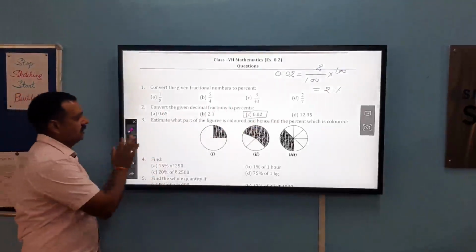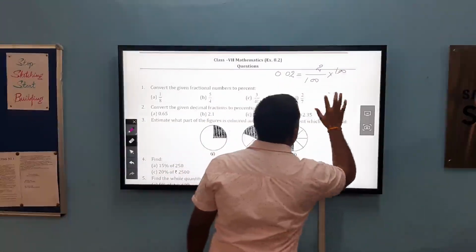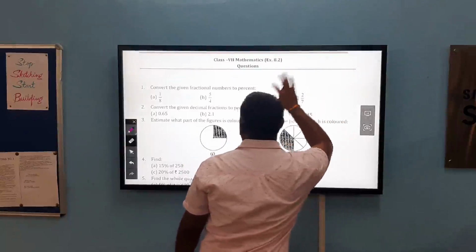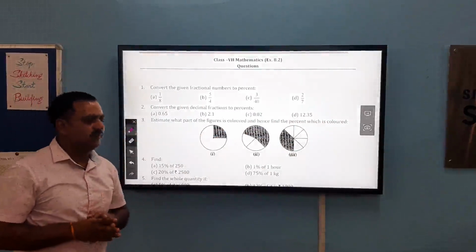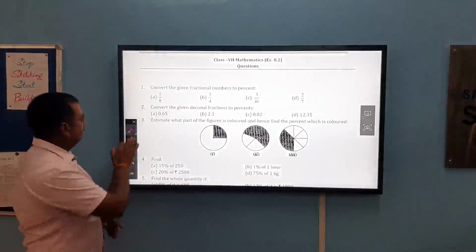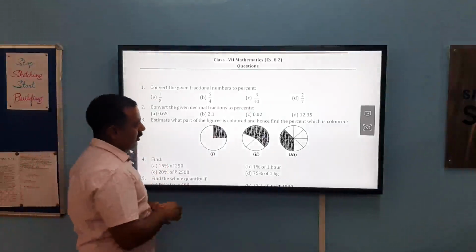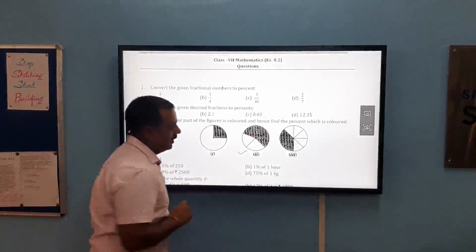Now, question number 3. Estimate. In question number 3, we have to estimate the parts of the figures that are colored and hence find the percentage of the color. In 6th class, we do problems like this. So let us take an example of second.